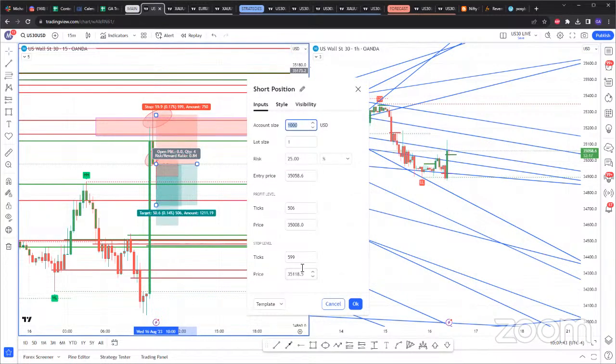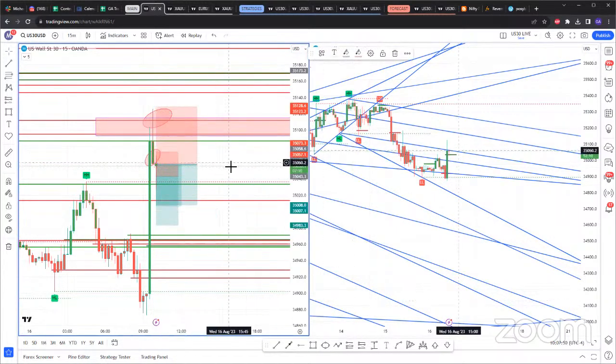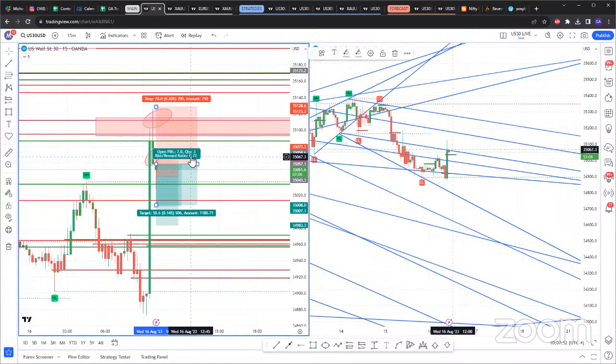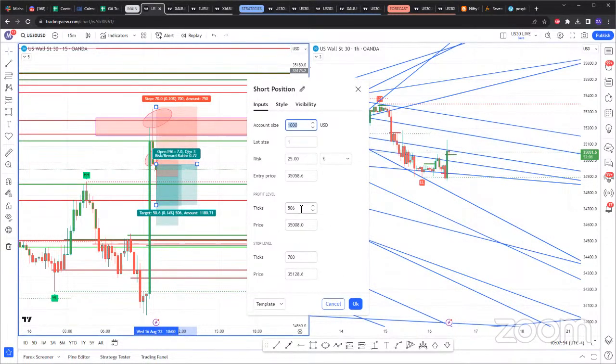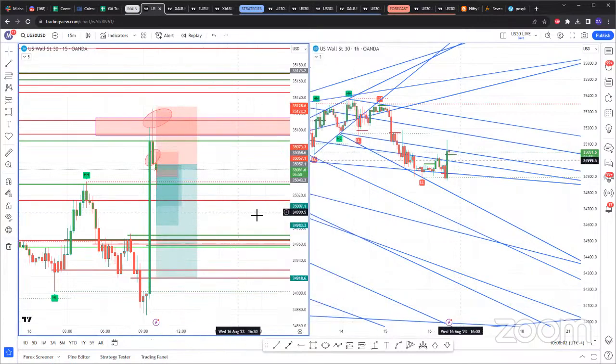And this one, you would need like a 60 or 70 pip stop loss to be above that SAR. So for this one, you'd need like a 140 pip TP and like 70 pip stop loss. So that's a 15-minute entry right there.